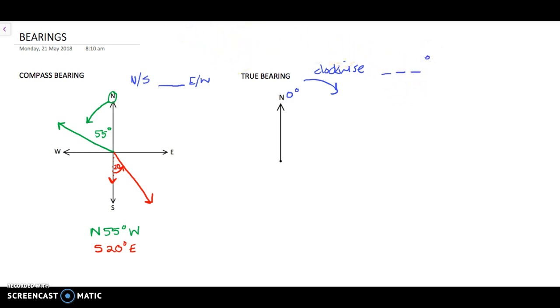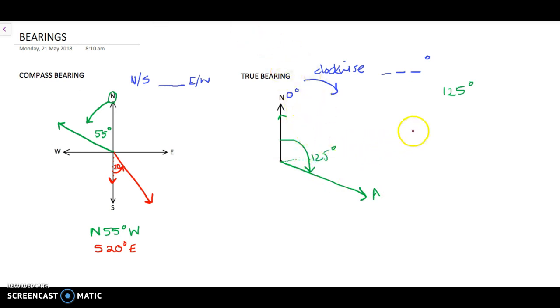So for example, I might say that we're going to move on a true bearing of 125 degrees, which means I start by facing north at 0, moving clockwise all the way around to 125. So I know when I get to this point it's 90, so I'm going to be moving a little bit further on. So let's call that point A. So I have just moved on a true bearing of 125 degrees.